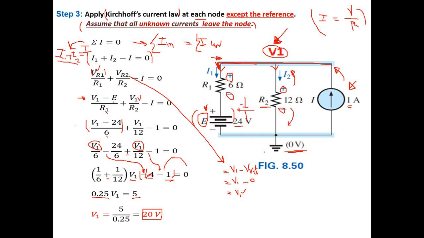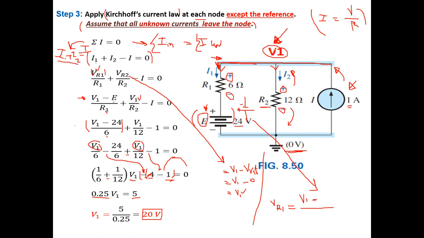In this case, if you need to find VR1, you will say that, again, VR1 is the potential difference between the highest point, and we already assumed that the nodal voltage for any node is the highest point, minus the lower point.